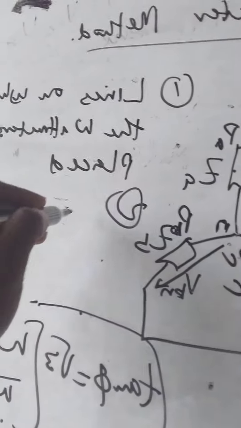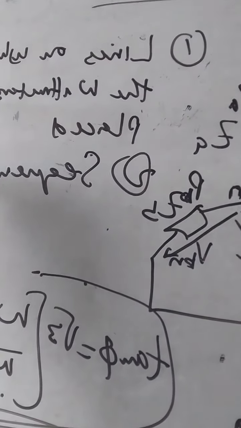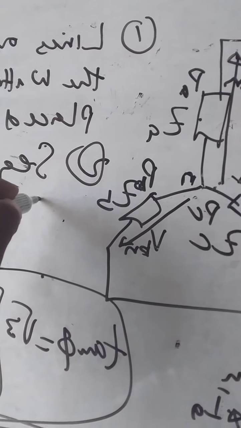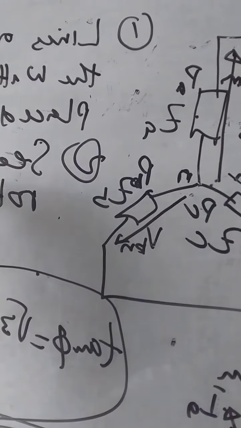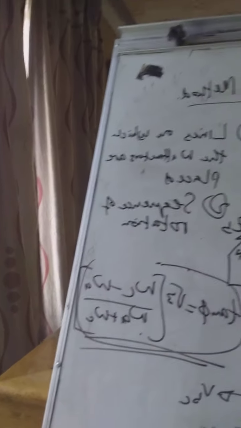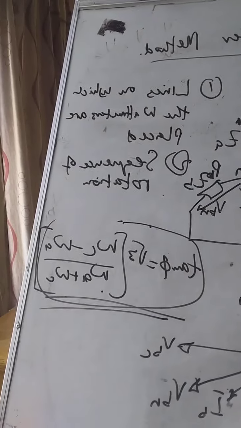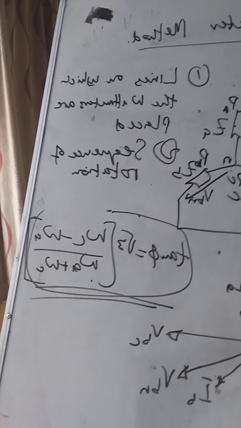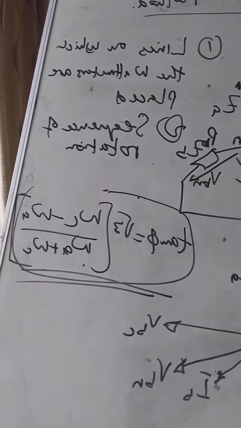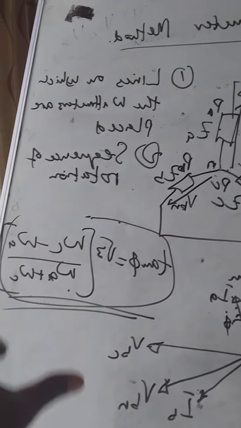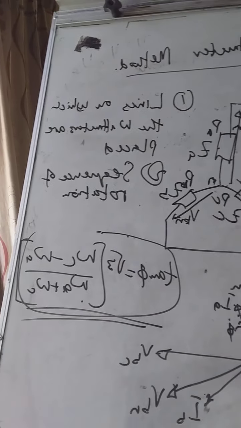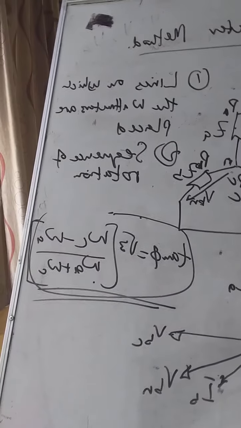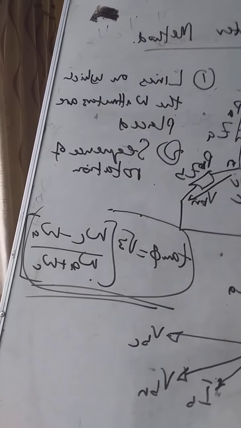Then number two, the sequence of rotation, whether it is positive sequence or negative sequence. If it is positive, you are going to have a totally different formula as opposed to when it is negative.